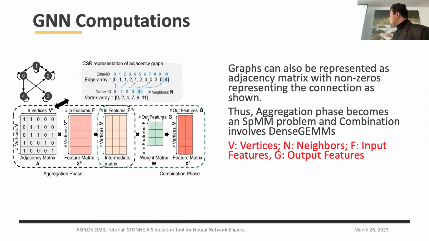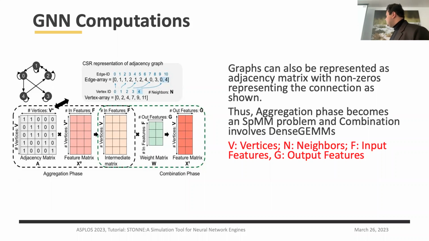So basically graphs can be represented as an adjacency matrix where the non-zeros represent the connection between the two nodes, for example here. This effectively can be represented as SpMM, which is a sparse times dense matrix multiplication operation, and the combination phase, as in a regular DNN, is the feature transformation phase, which can be represented as a GEMM.